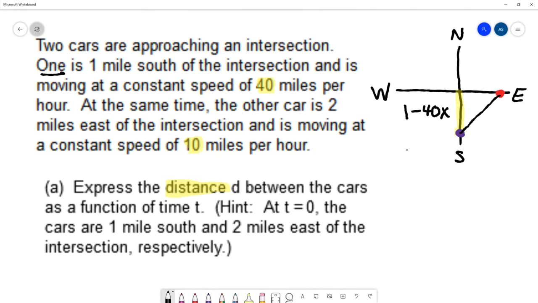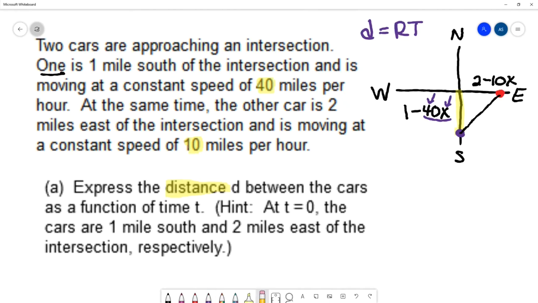And then the other car is east of the intersection, and it is 2 miles away and traveling at 10 miles per hour, so I'm going to subtract 10x. And if you're not sure what I'm doing here, I'm using the formula distance equals rate times time. So this is the rate and this is the time.